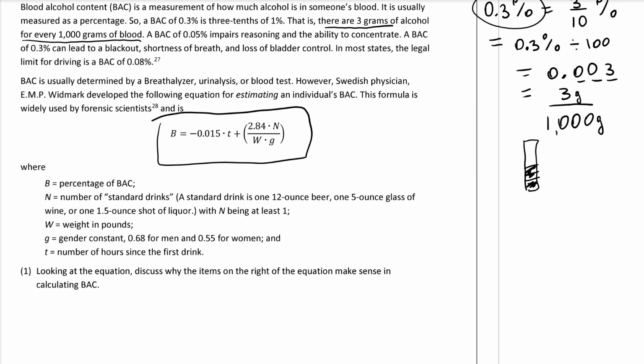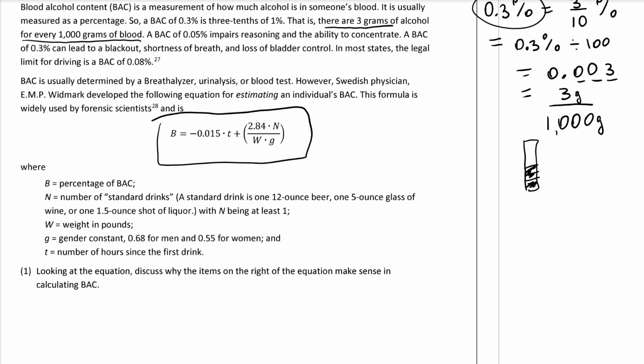N is the number of standard drinks. A standard drink is one 12-ounce beer, one 5-ounce glass of wine, or one 1.5-ounce shot of liquor, with N being at least one. I would like to ask you a question that you commonly see on the exam for a permit to drive a car.